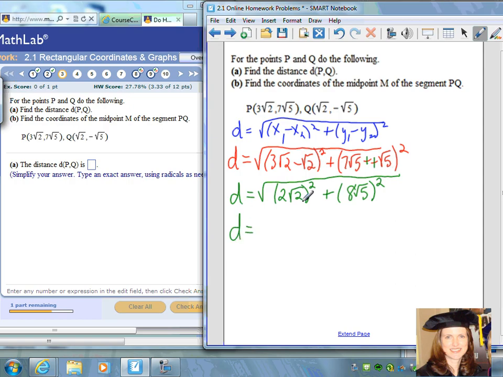We can now simplify by squaring each of these values. 2 square root of 2 squared, that's the same thing as 2 squared, which is 4, and square root of 2 squared, which is 2. It's really 4 times 2, and we get 8.